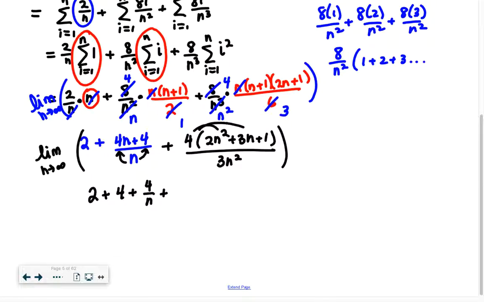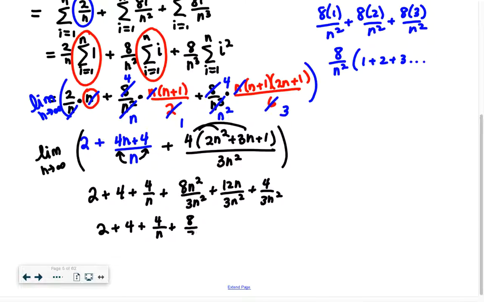I distribute in here, so I'm going to have 8n squared over 3n squared plus 12n over 3n squared plus 4 over 3n squared. So in other words, I have 2 plus 4 plus 4 over n plus 8 over 3 plus 4 over n plus 4 over 3n squared.